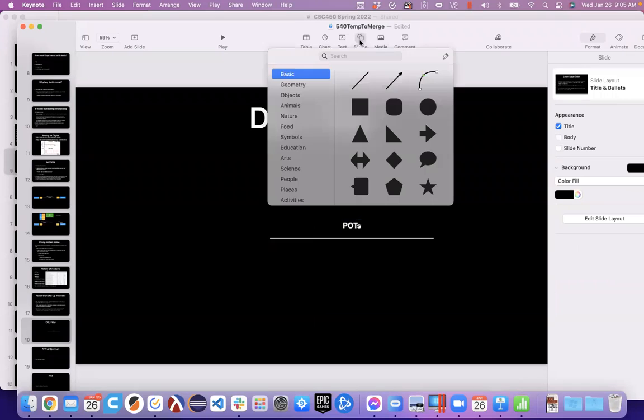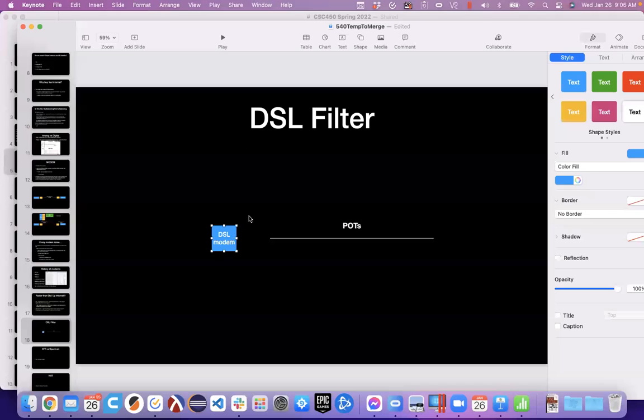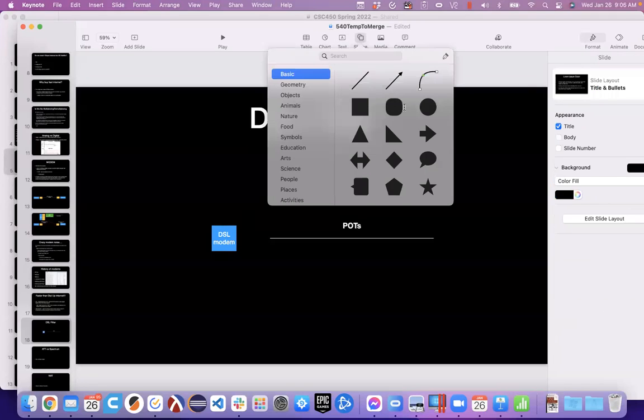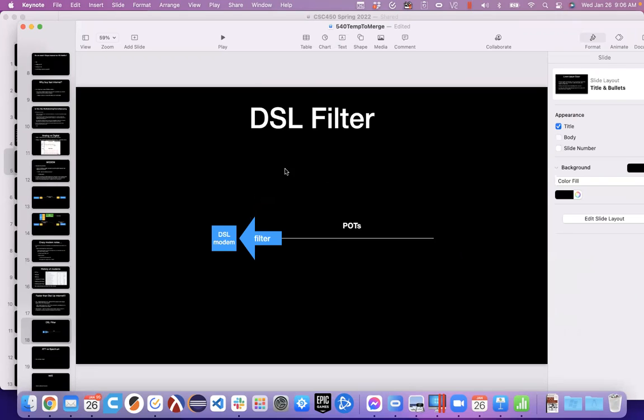And then on this end, we have our DSL modem. And then we had to have a filter before it got into the DSL modem.